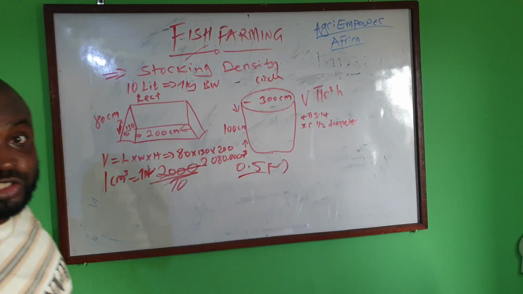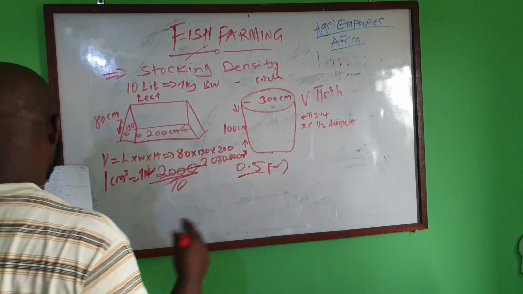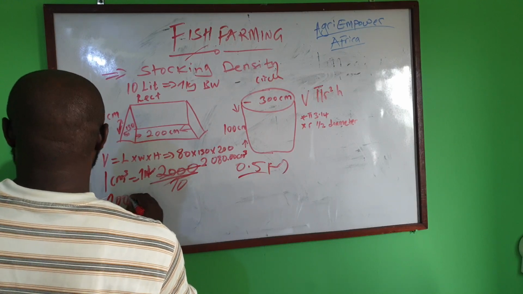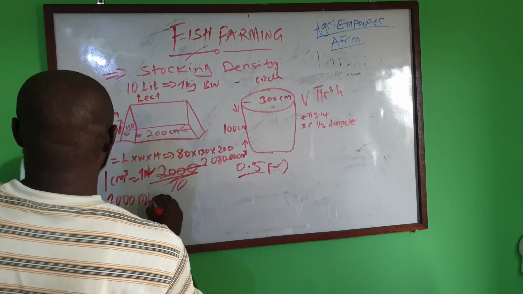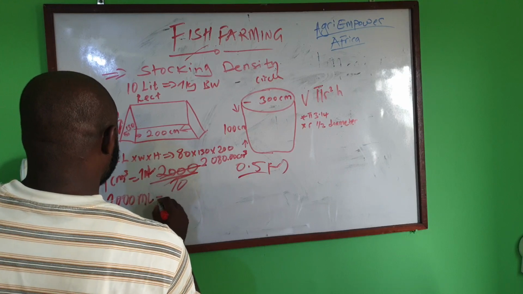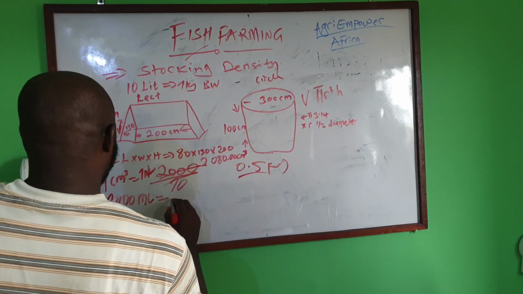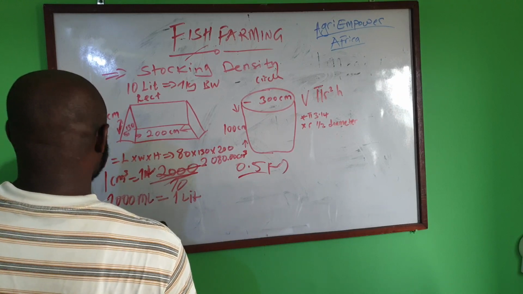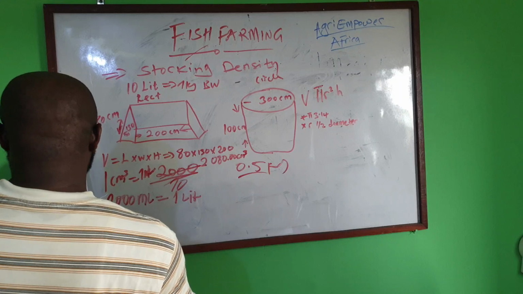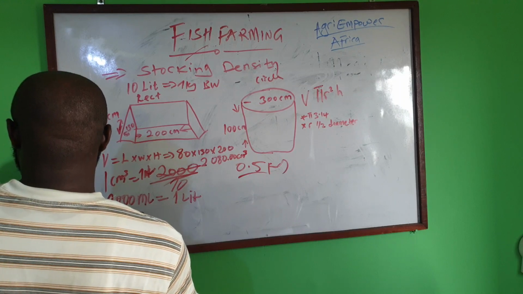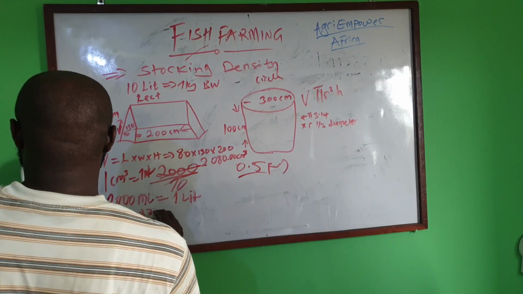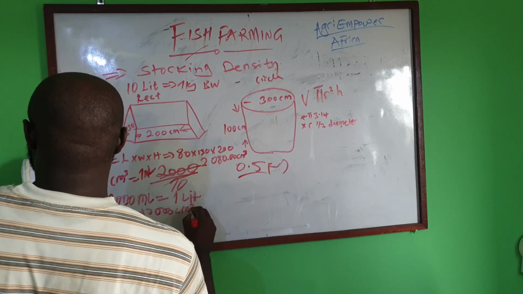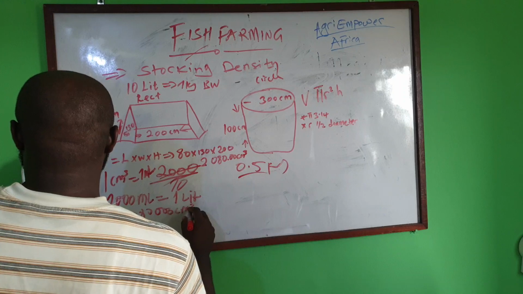So if 1,000 milliliter is equal to 1 liter, then 2,080,000 centimeter cube will give you what?